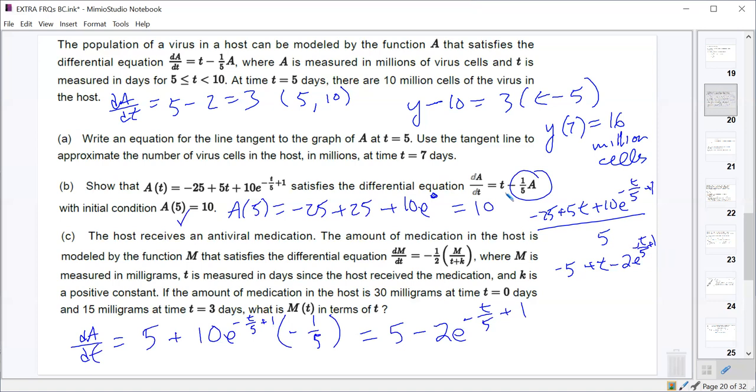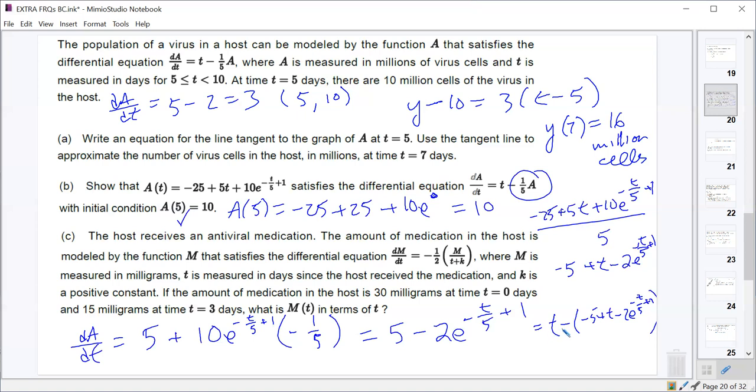And so this thing that we just got for 1/5 A, does what we got for dA dt equal t minus this, negative 5 plus t plus 2e to the negative t over 5 plus 1? And the answer there should be that, hopefully, it does.